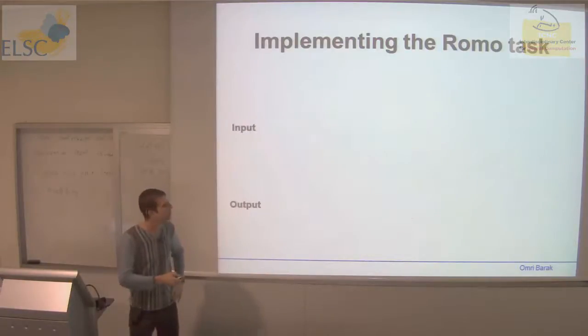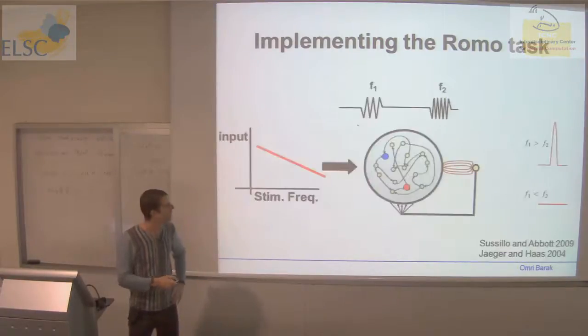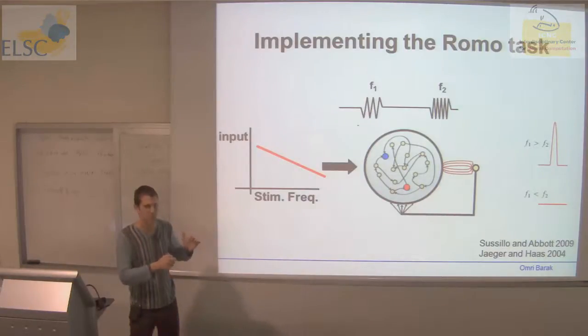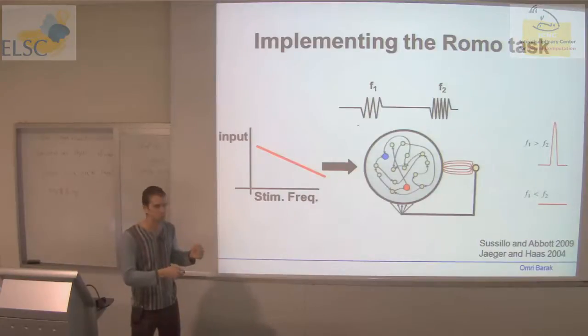What exactly is reinforced during training? What you want to achieve is that you want to have the output match this form, and one way to do it is to cut the loop, to open the loop, and to inject the desired output back into the network. And this does work, and so you inject the desired output and the desired input and train the network, the readout, to match the desired output.